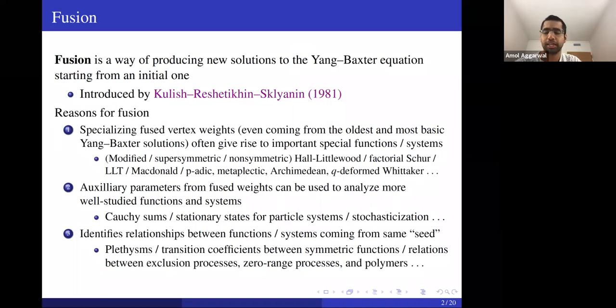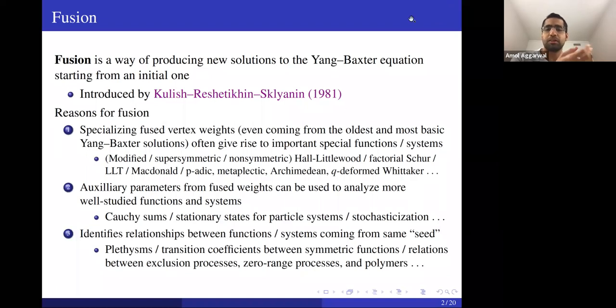I won't talk about this, but in the first talk that I gave, a year and 3 months ago, I mentioned in brief that once you have some sort of 6-vertex model, you can write down Cauchy identities with respect to a fused model. So you can gain information about unfused systems using a fused model as a way to extract information from it.